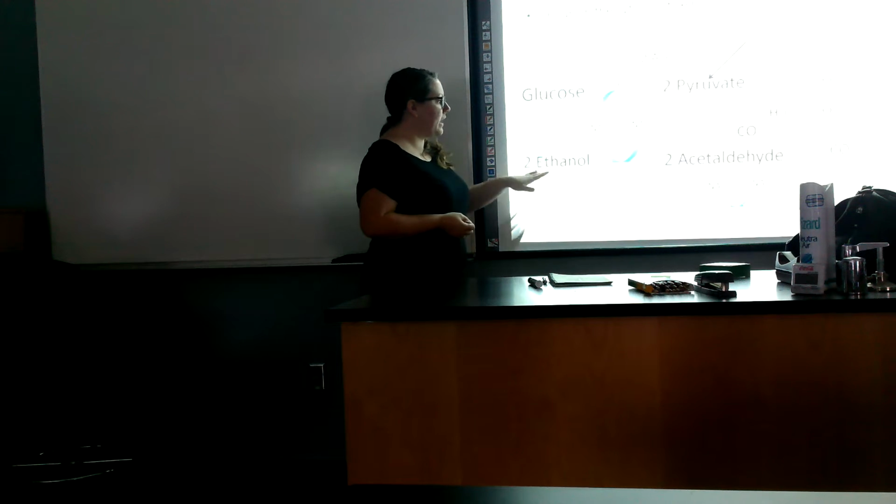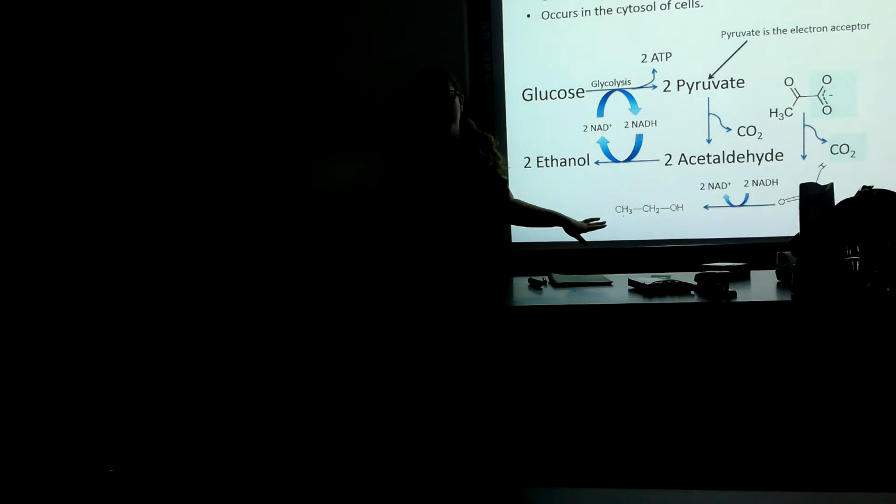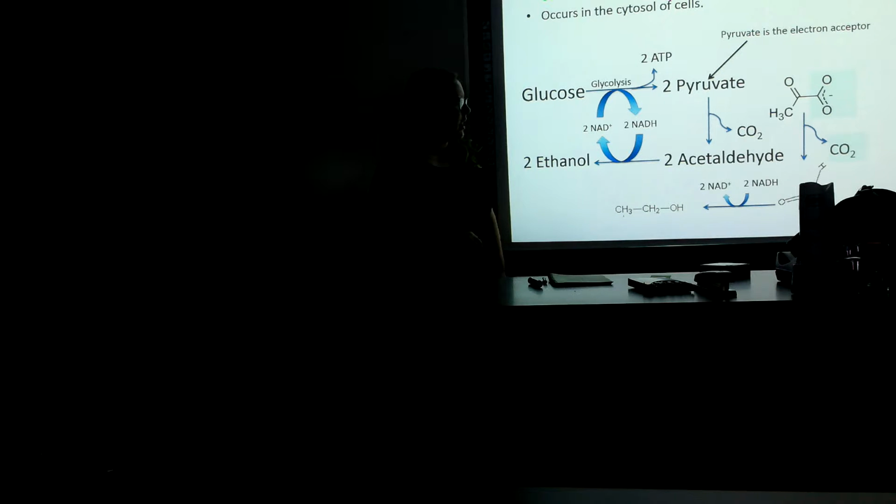So CO2 and ethanol are the two major products. Of course, you do not need to know the chemical symbols or formulas for any of this. I just wanted to show you what's going on in that process. We lose one of these CO2s, and so we're left with this double bond to oxygen. If you like chemistry, it makes sense. Any questions about this?